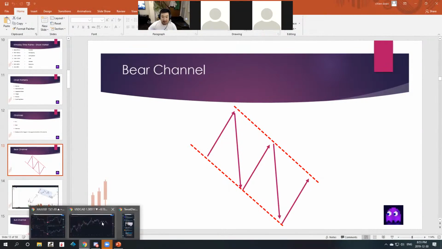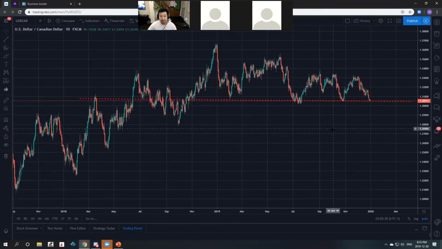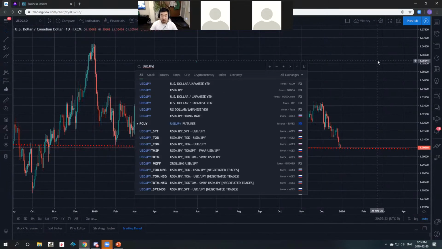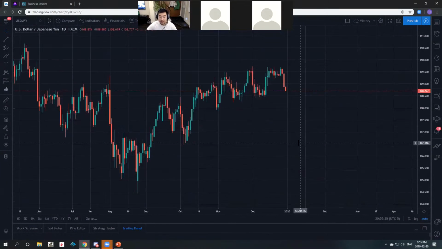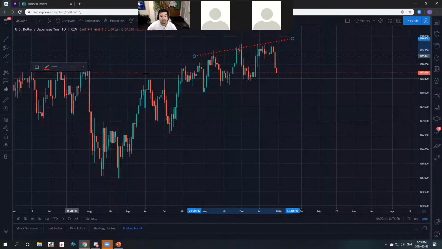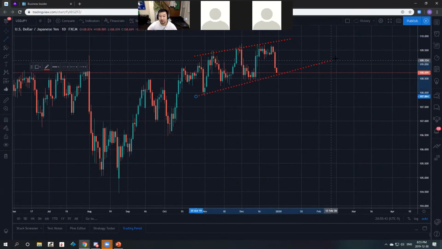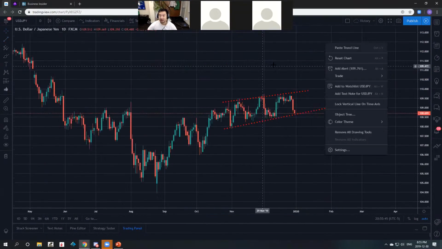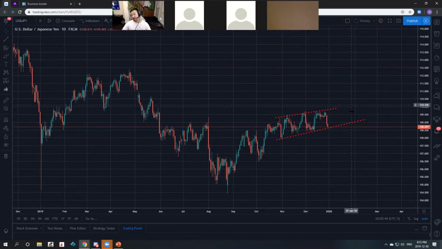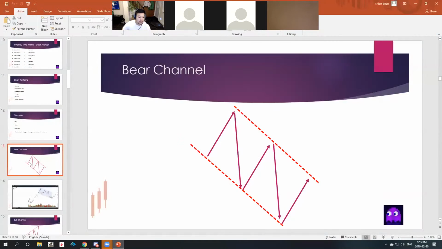For example, something like this, you can begin to draw little channels like this here to help you identify where price is going in the markets. That will help you identify a channel in the market. So you can use something like that, okay? When it comes to that.